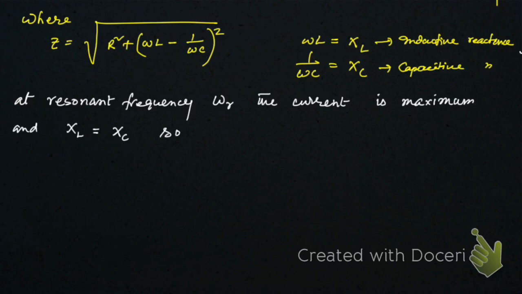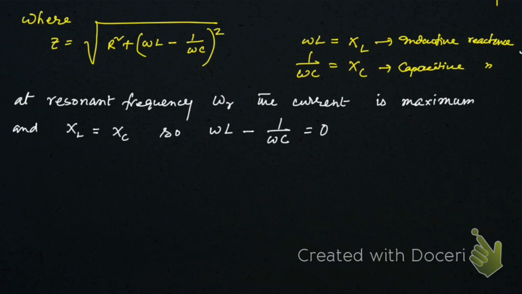We know XL is omega L, and XC is 1 by omega C, so their difference will be 0, as these two are equal.